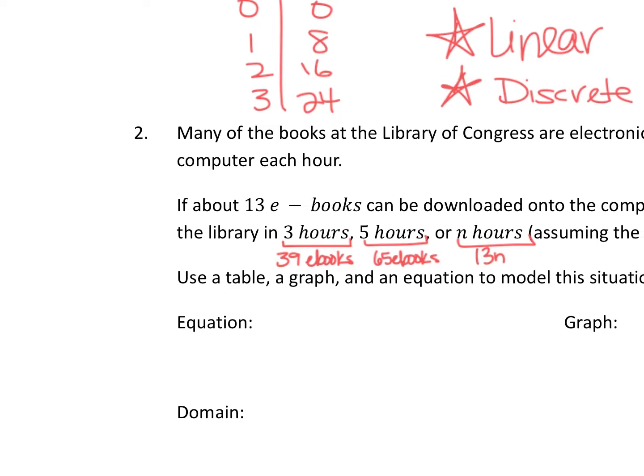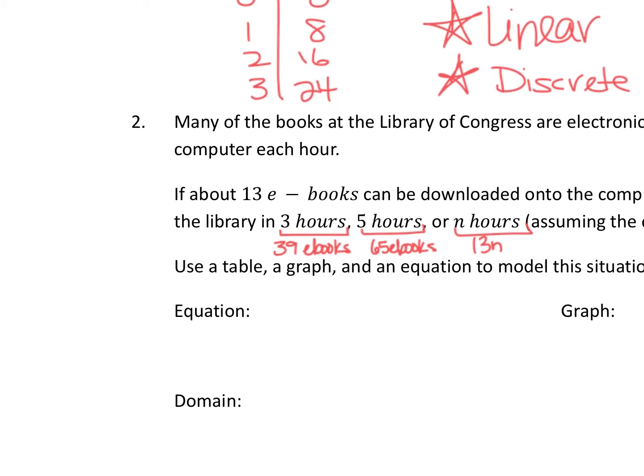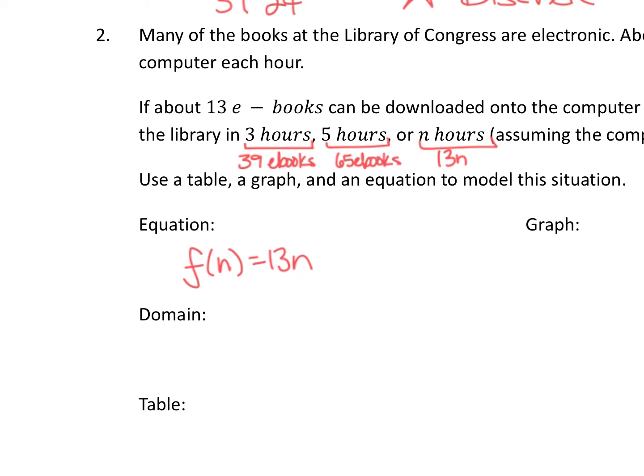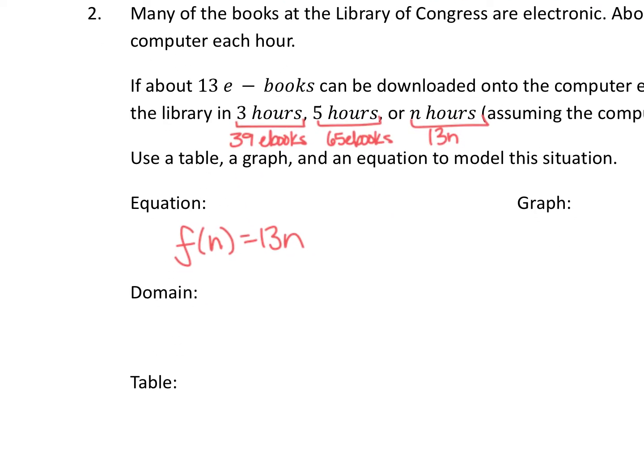So this is looking kind of arithmetic, but remember we're using the larger vocabulary, so this is looking linear. So I'm going to write f of n equals 13n, right? That's our pattern, that's our variable, and our zero term is 0 because when 0 hours have gone by, they have downloaded 0 ebooks. So our domain is hours.